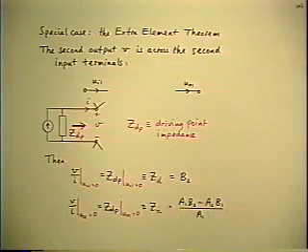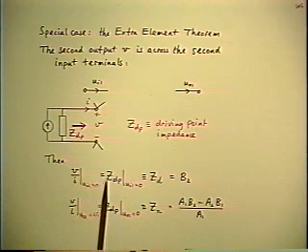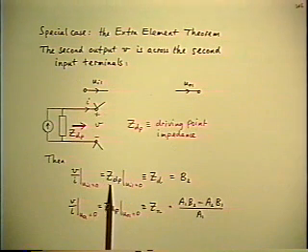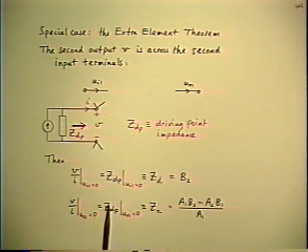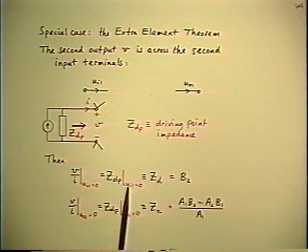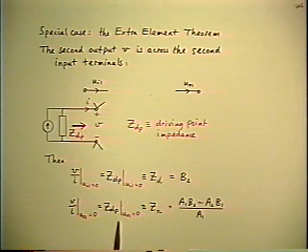A driving point impedance is simply the impedance looking into a linear system when you apply a drive at that point. And so the notation is ZDP, driving point impedance, but you still get two different values for it, depending on what the hidden input is doing.